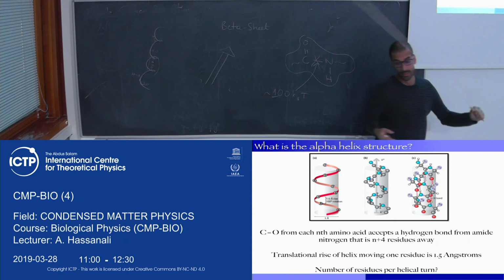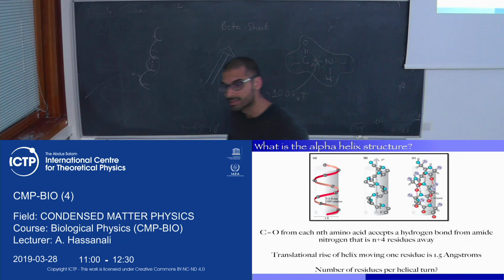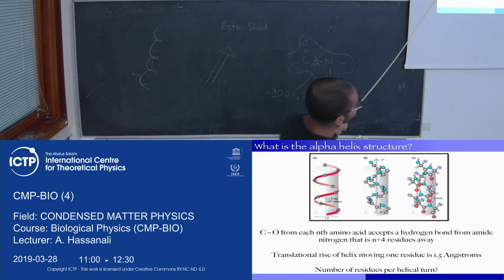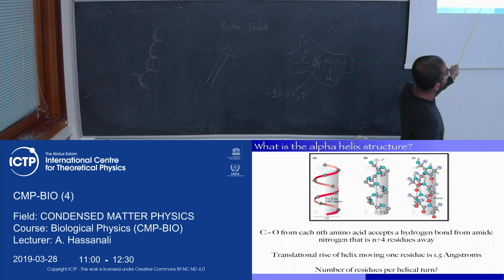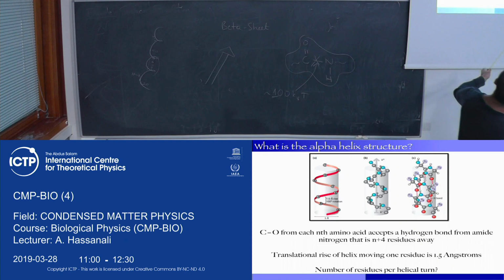This is one of the things that stabilizes the alpha helix. The other point is that there must be something stabilizing the interactions between different amide bonds. And you can sort of see this here.